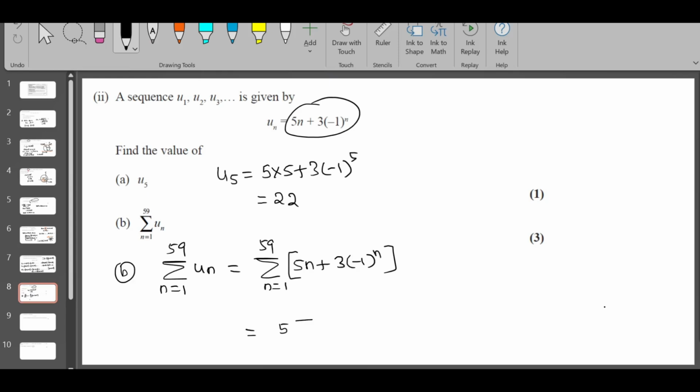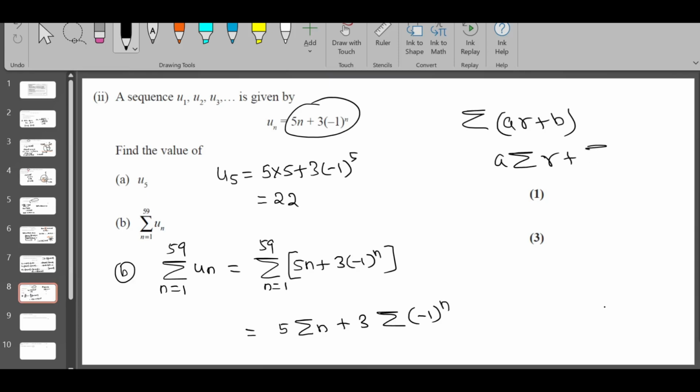You can write it as 5 sigma n plus 3 sigma of minus 1 power n. If you have Ar plus B, you can split it as A sigma r plus sigma B. You can split the terms actually. So n is equal to 1 to 59 for both.